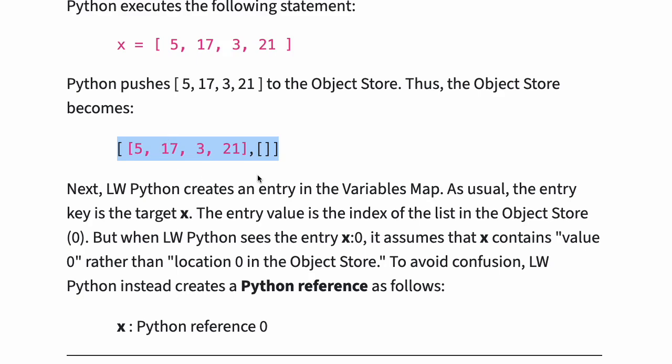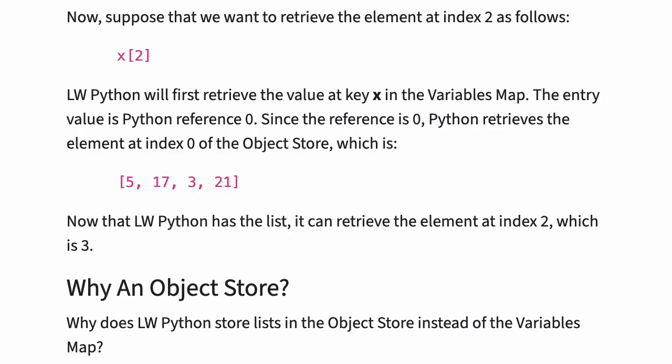But when LWPython sees an entry x0, it assumes that x contains value 0 rather than location 0 in the object store. To avoid confusion, LWPython instead creates a Python reference as follows. Now, suppose that we want to retrieve the element at index 2 as follows.